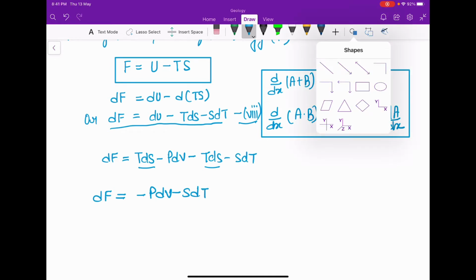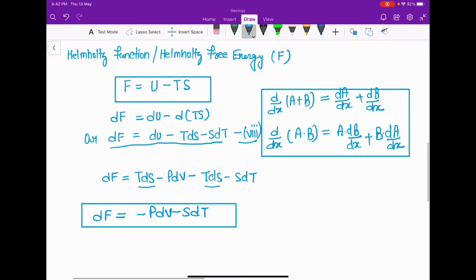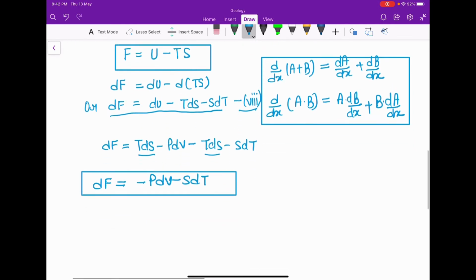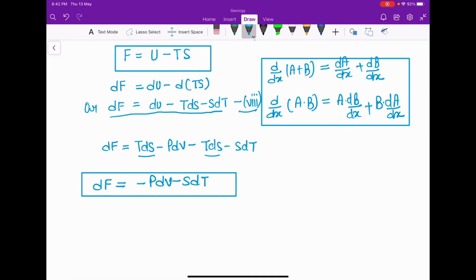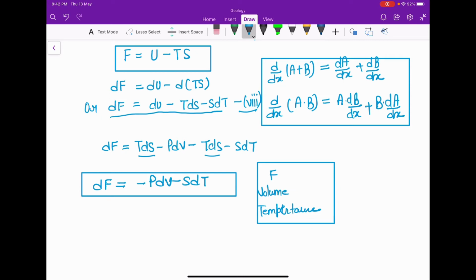This is the change in Helmholtz free energy or Helmholtz function. Here you can see that the change in the Helmholtz function is a function of volume and temperature. So F depends on these two variables.